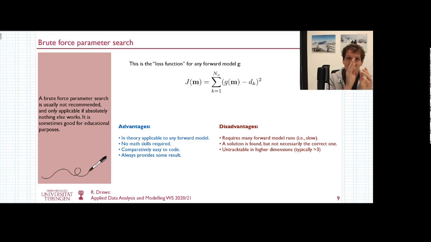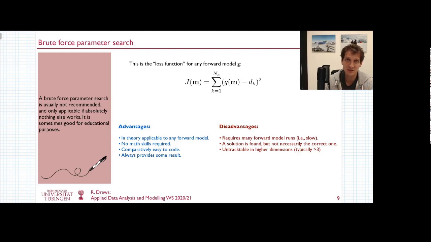Also, it depends on how fine you check your parameters, what is your grid spacing in searching the parameter space. You could also be off by that, and you will never know if the solution that you found is correct. More importantly, it's a very slow method, and it's simply intractable if your forward model has even a medium complexity to it.